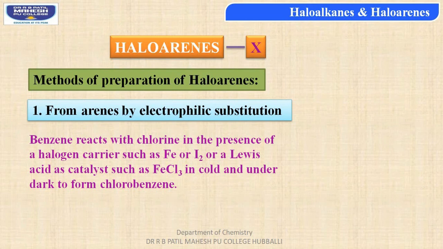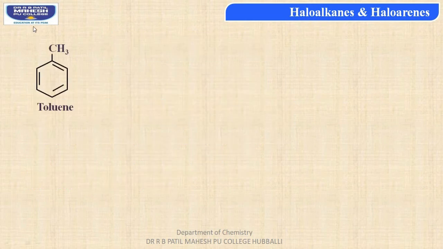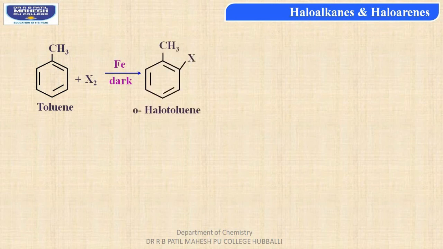Let us understand this by a reaction. When the toluene molecule, students, benzene with CH3 is called the toluene molecule, is made to react with halogen molecule X2 in presence of iron in a dark condition, then we get ortho and para substituted toluene molecules.